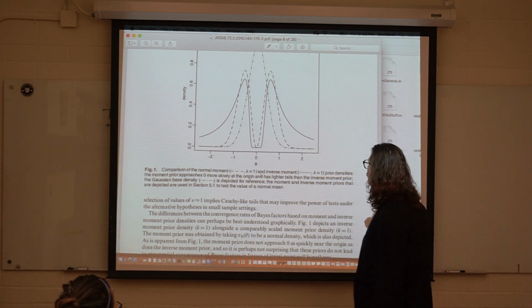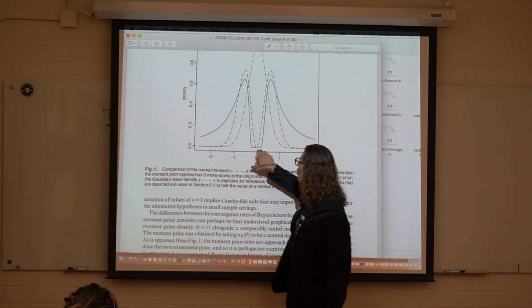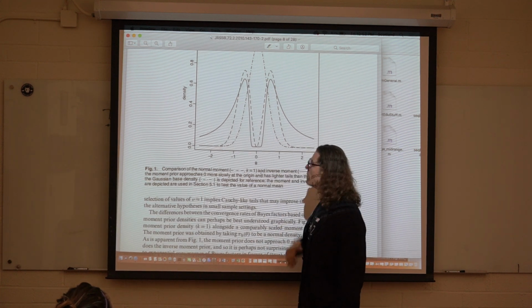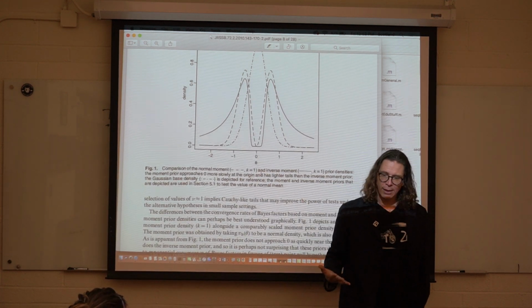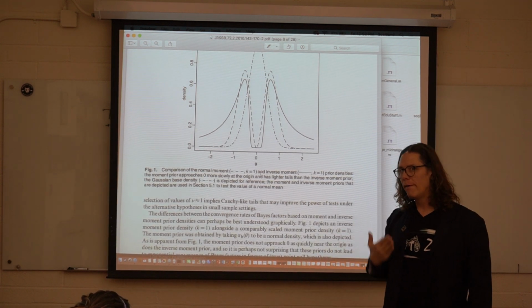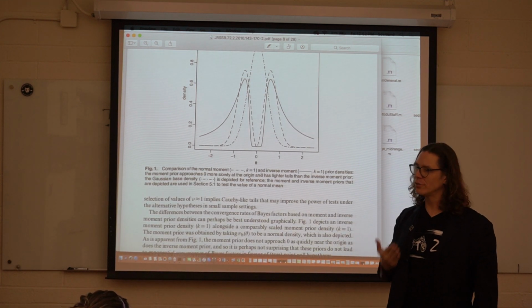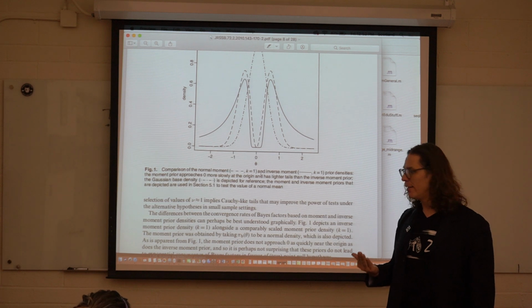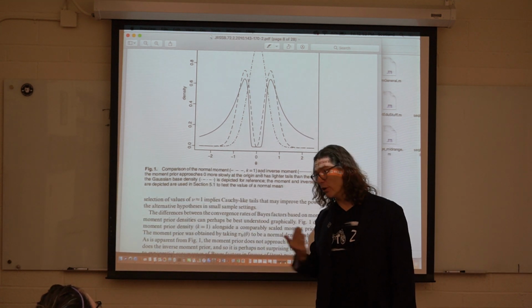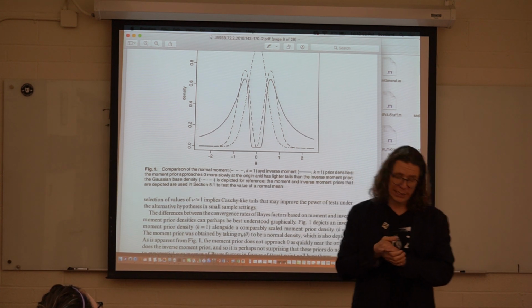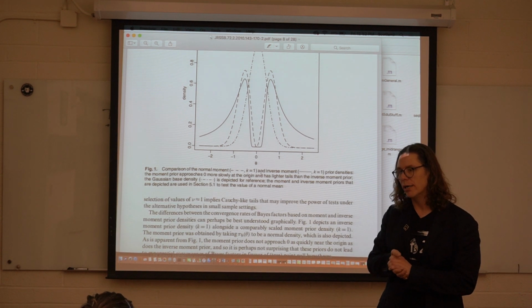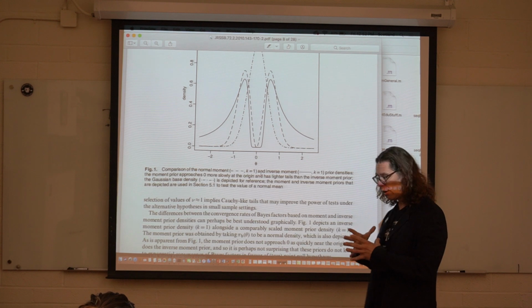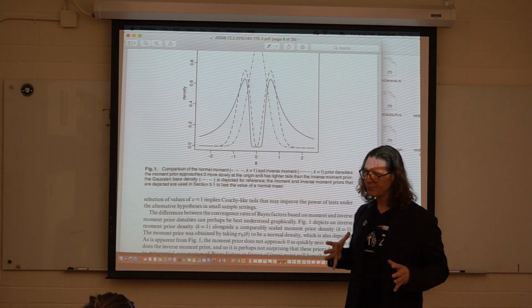What that ends up showing is that under the inverse moment prior, this one with this flat trough, we support the null exponentially fast as a function of n, and the alternative we support super linearly. So faster than linearly. I'll let you look it up. So the rates are getting closer to each other.